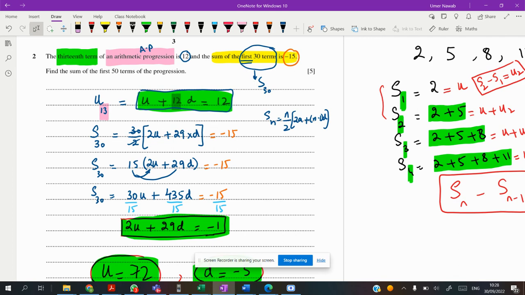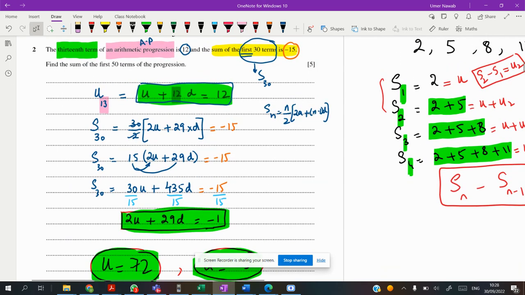You know the arithmetic progression term formula or sum formula based on the first term, the common difference and the number of terms. So in the 13th term, n was 13, u was u, and the common difference was d. So we got the equation in u and d.